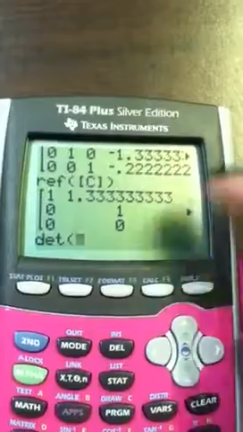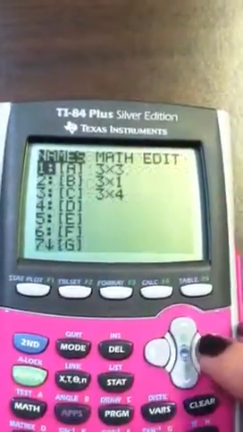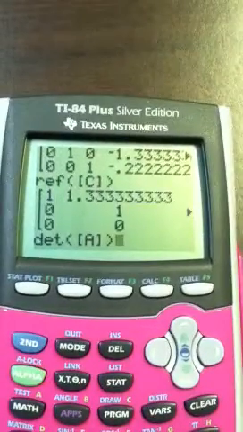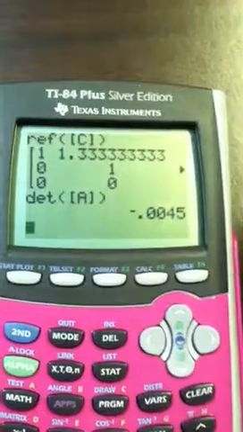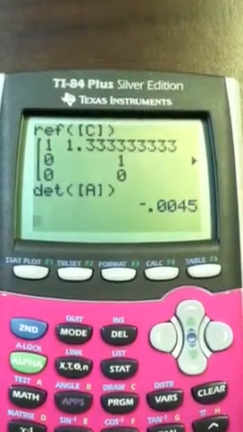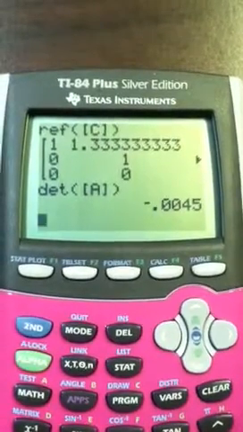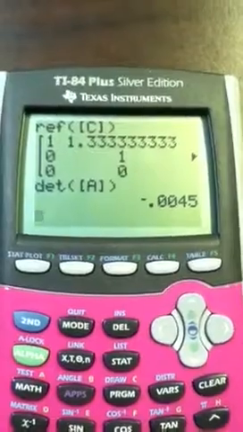And if I want to find it, let's just go to my matrix A, my square matrix. Then it's negative 0.045. Okay, what is that? We're going to get to that later. So just stay tuned in class, and pay attention in class, and we'll talk a little bit more about the determinant. And see you then.